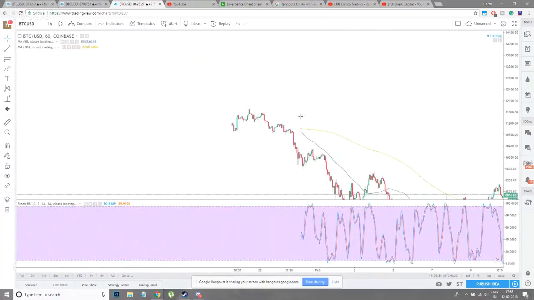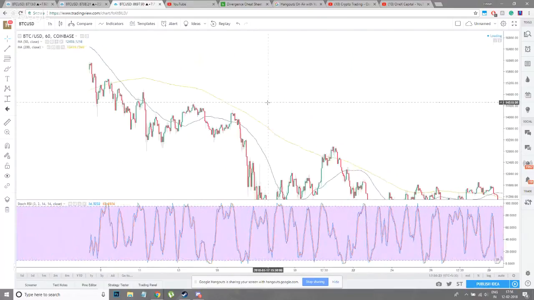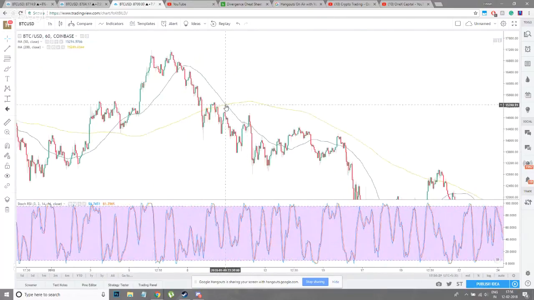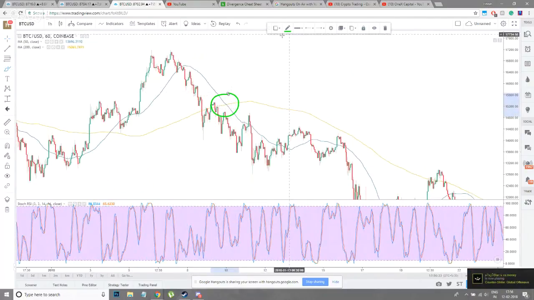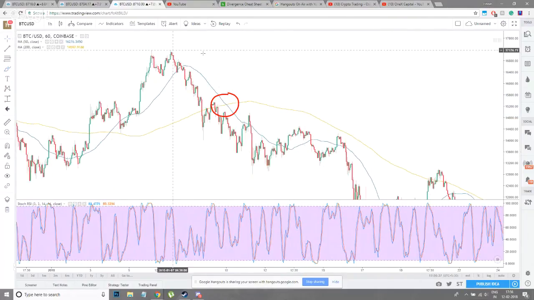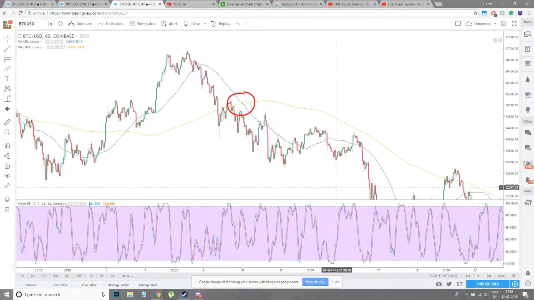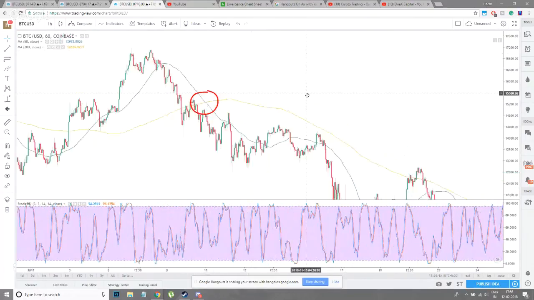When a faster moving average falls below a slow moving average, it's known as a death cross, because the current time frame, right? This right here is a good example. The current time frame, or rather the moving average that is fast, has changed its trend already, and the moving average that is slower is supposed to follow it eventually.